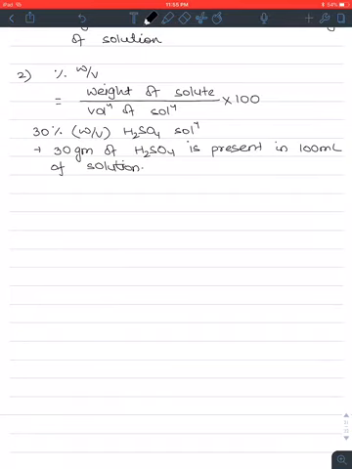If nothing is mentioned in the question, they have given percentage and nothing is mentioned, it means it is percentage weight by volume. Third is percentage volume by volume.